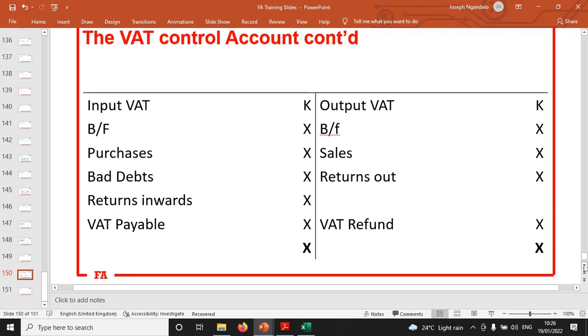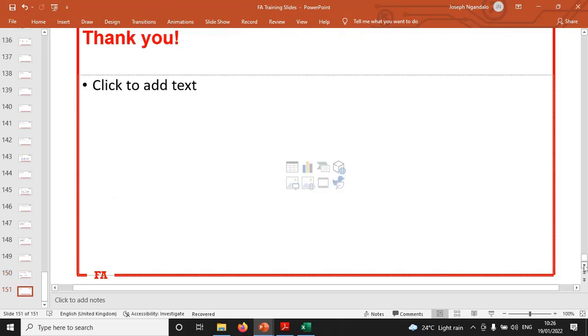So government must consider. Finally, if the account has got more entries or a higher total this side, then it means you owe the government, VAT paid. But if the higher total is this side, the government owes you refunds.